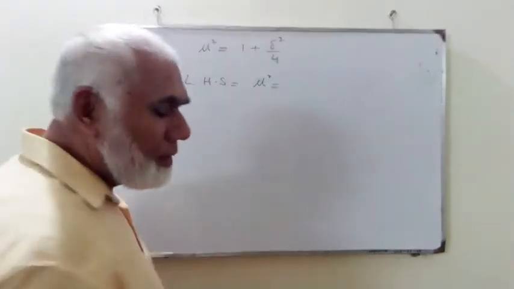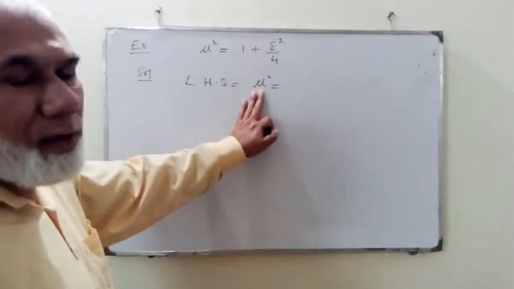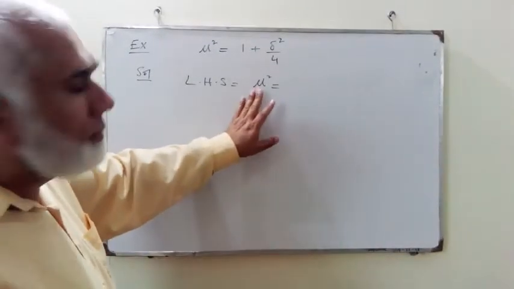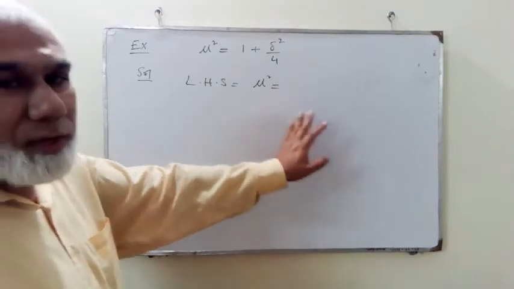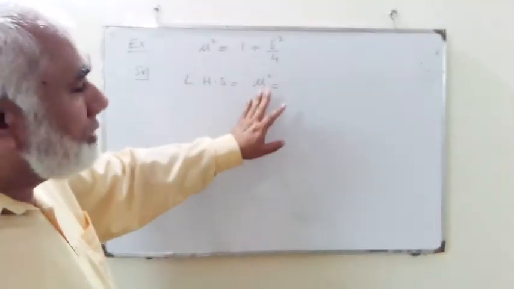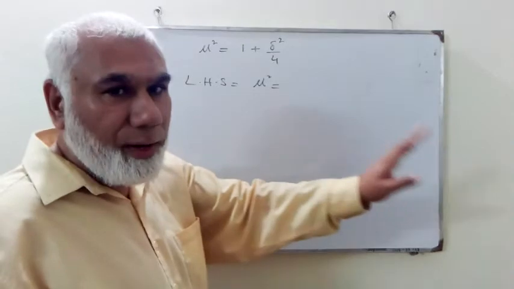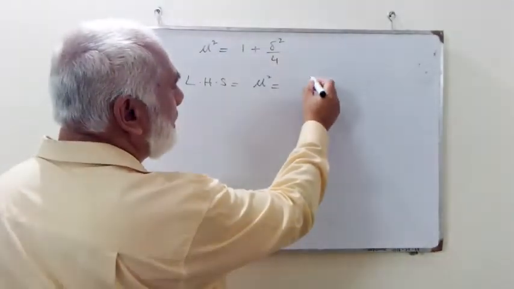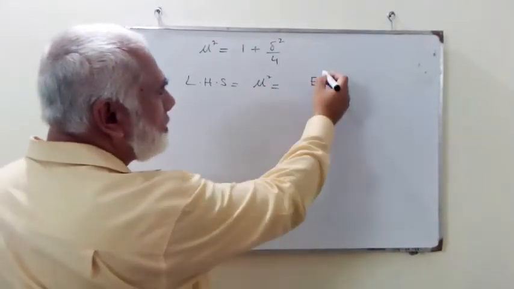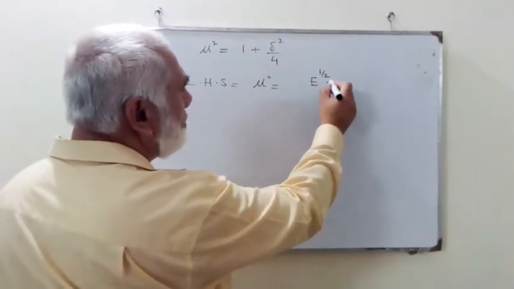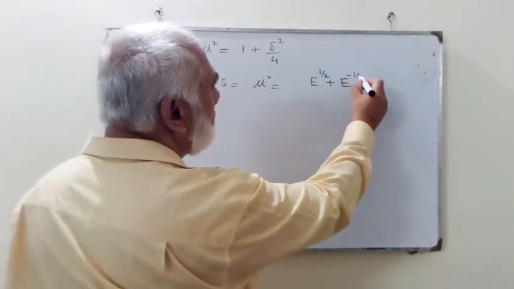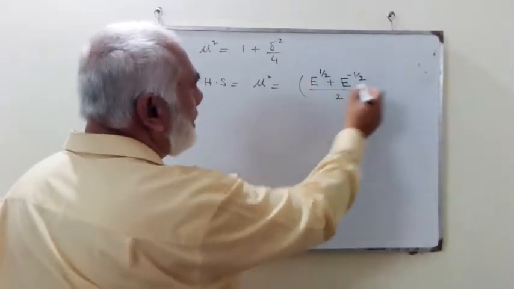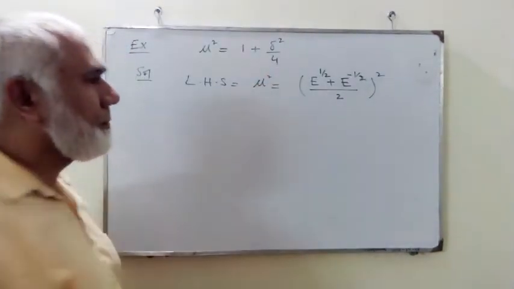The left hand side is mu square. If you remember, this is the operator which is named the averaging operator, sorry, not central difference, averaging operator. We have just written down the definition, the relation between the shift operator and the averaging operator, so here we use the same definition. The relation of this operator with the shift operator was E to the 1 by 2 plus E to the minus 1 by 2, whole divided by 2, and then squared.